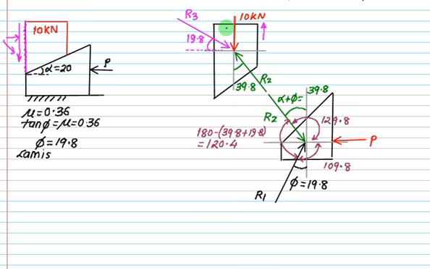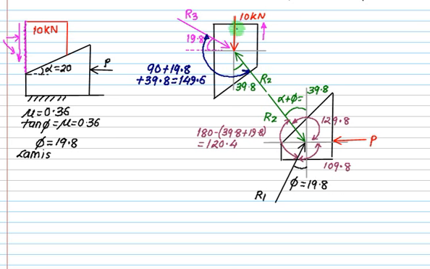We'll come to the top figure. What is the angle between these two, that is this value and this value? Is it 90 plus 19.8 plus 39.8, which is 149.6?